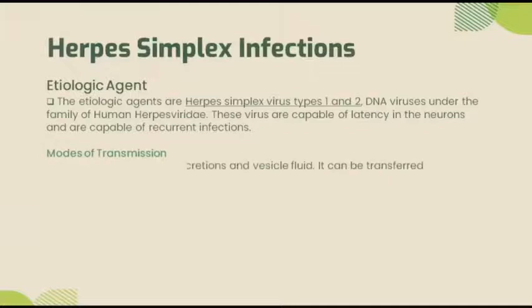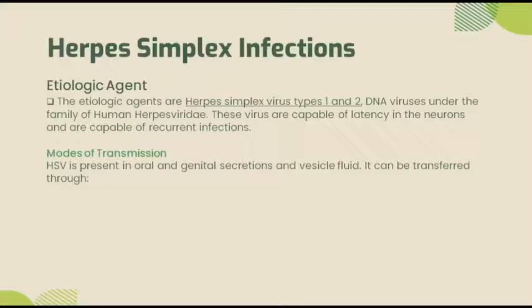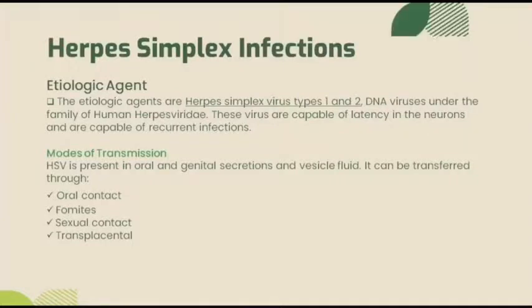Modes of transmission: HSV is present in oral and genital secretions and vesicular fluid. It can be transferred through oral contact like kissing, fomites, sharing of glasses, toothbrushes, and other saliva-contaminated materials, sexual contact, transplacentally during pregnancy, and during childbirth.